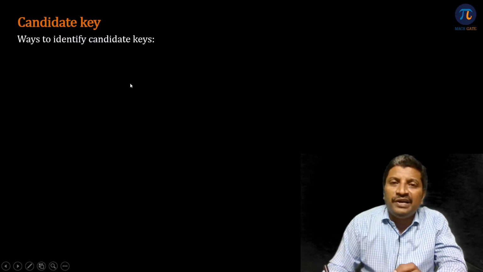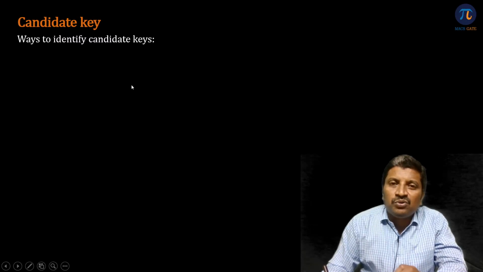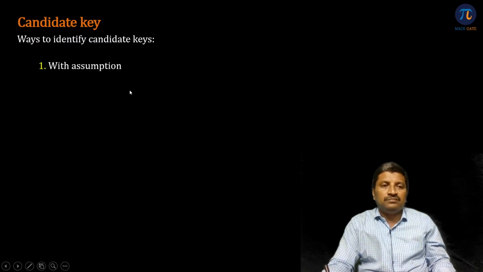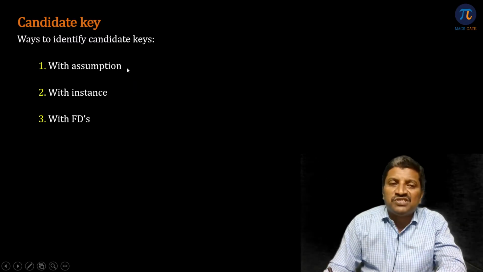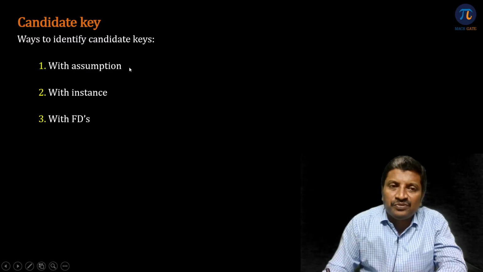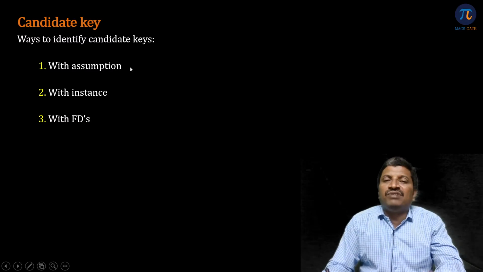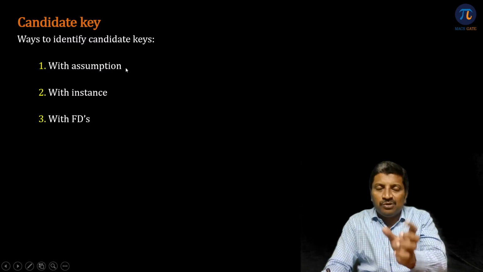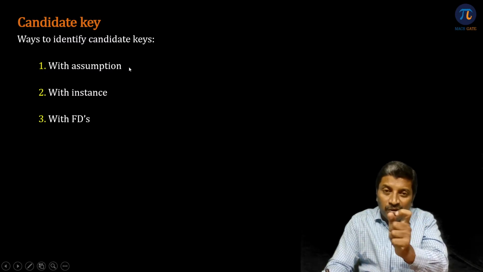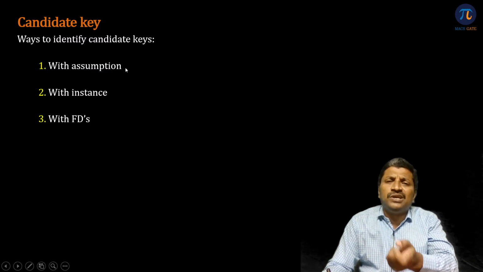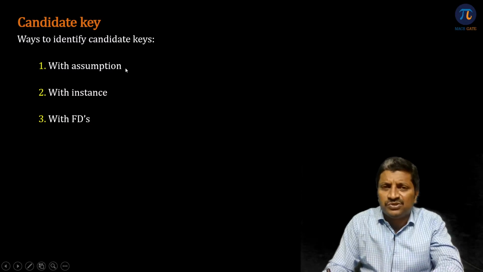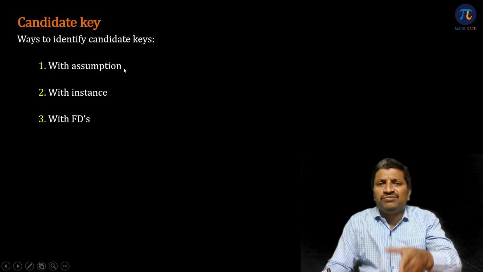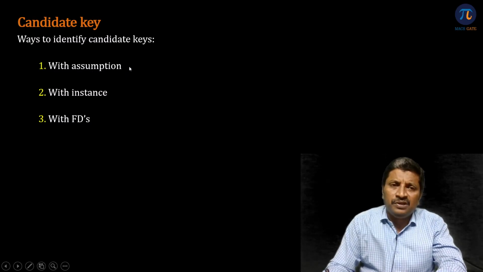So, how to identify the candidate keys for a given relation? The first one is with assumption. With assumption means whenever we have knowledge about the attributes, like the example of Aadhaar number. How can you say Aadhaar number will identify the person uniquely, sir? That assumption was made in India, right?